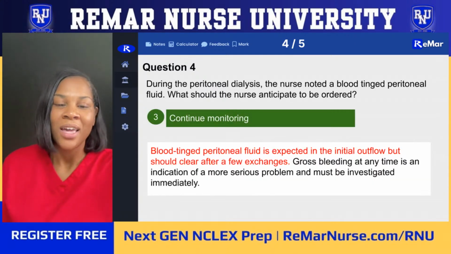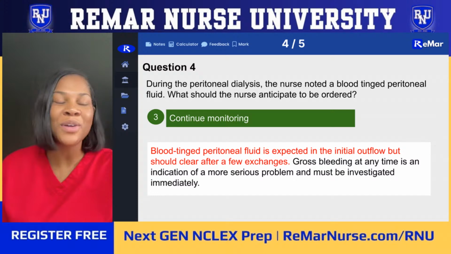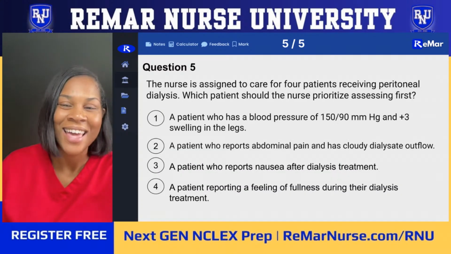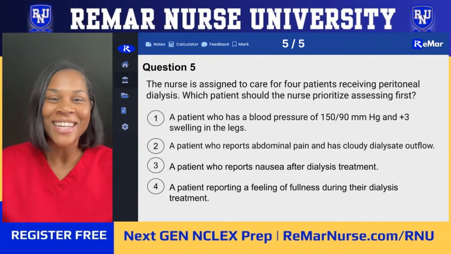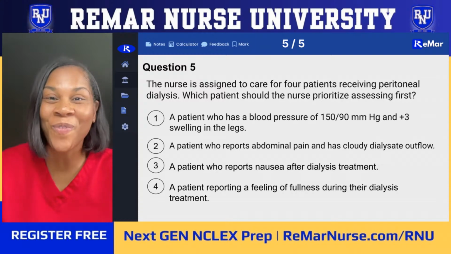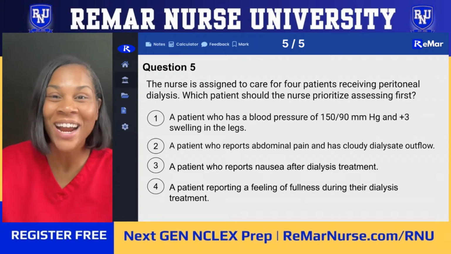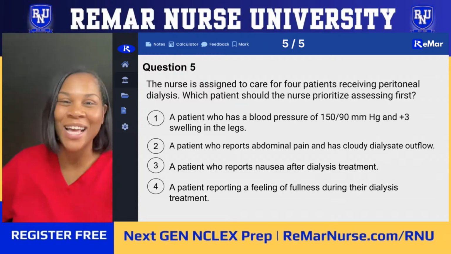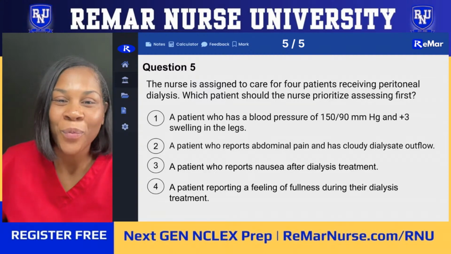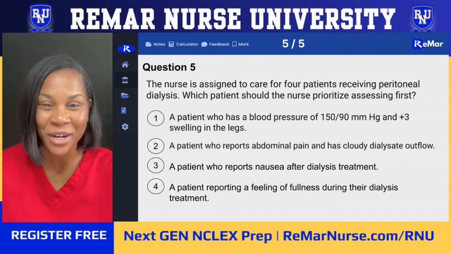All right. Here is the final question. I'm just going to give it to you today. It's challenging. Here it is. Here we go. The nurse is assigned to care for 4 patients receiving peritoneal dialysis. Everybody has peritoneal dialysis going. Which patient should the nurse prioritize assessing first?